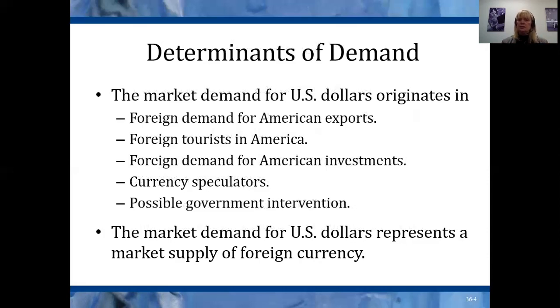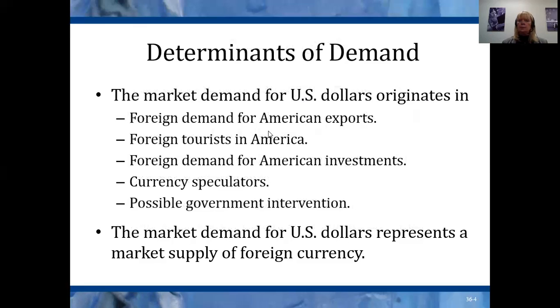So if their currency supply shifts to the right, and demand for US dollars also shifts to the right, you can see where the equilibrium price would increase. And we'll look at that in a little more detail in a second.